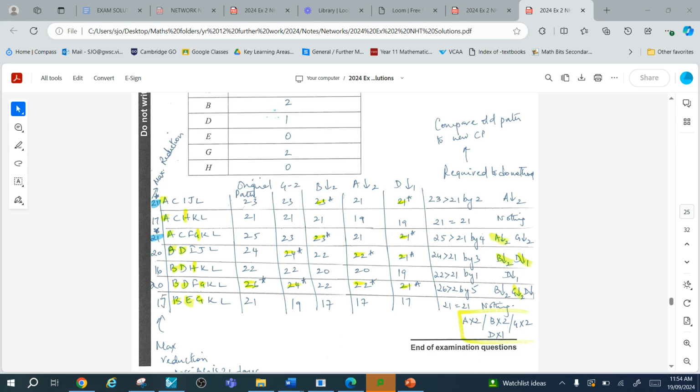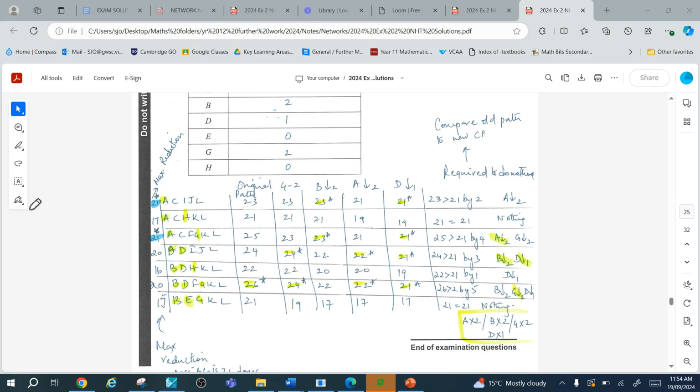Okay. And then I start looking at what can be reduced and which reduction would help me cover the maximum number of paths, keeping the cost in mind too. So I start with the critical path and find an activity on the critical path, let's say G, which I can reduce.